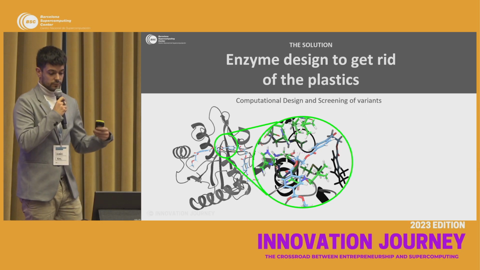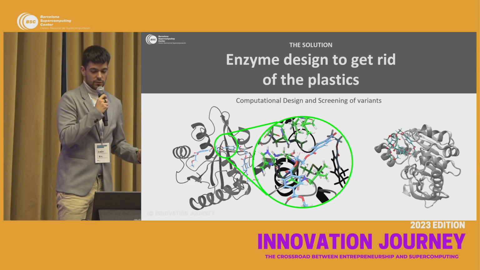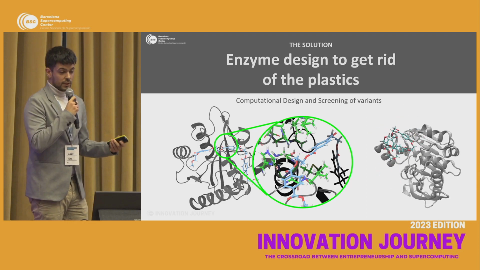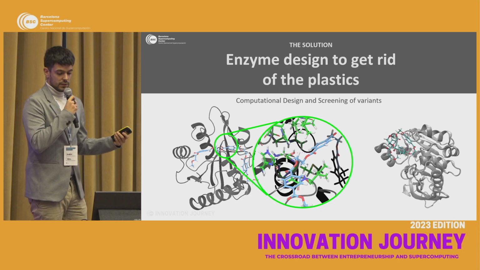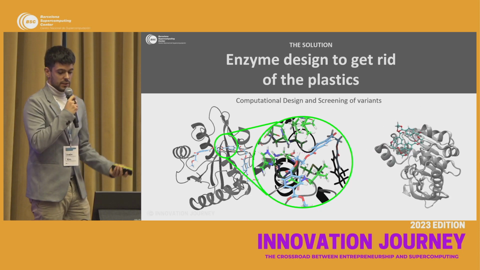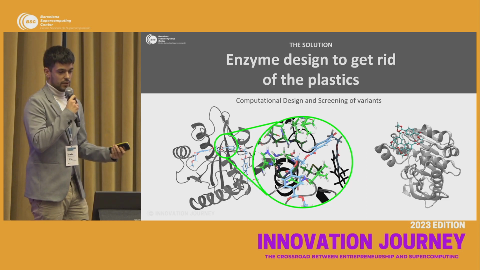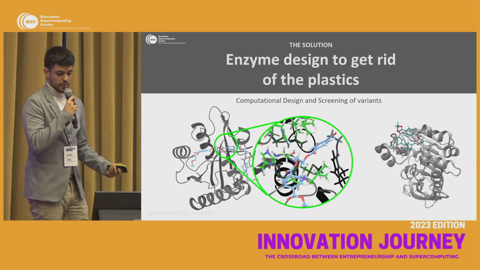In our lab, we simulate these systems so we can see which parts of the proteins of the enzyme interact with this plastic structure, and we can mutate them to increase the interaction, thus improving the overall enzyme performance.